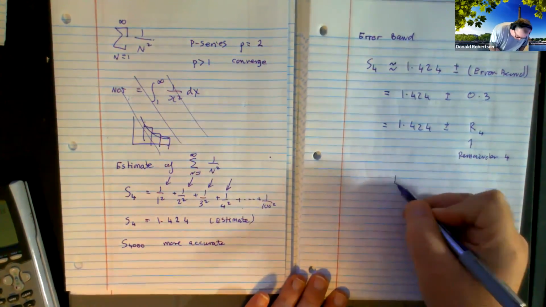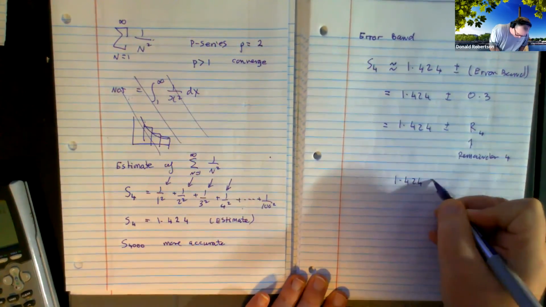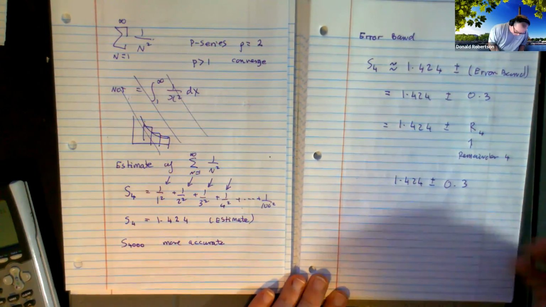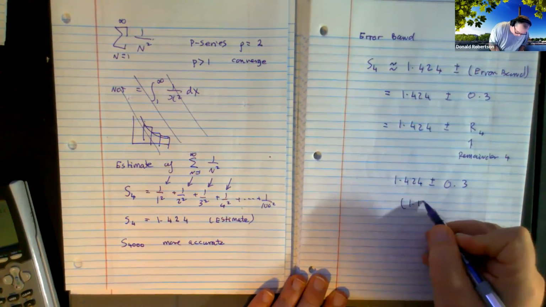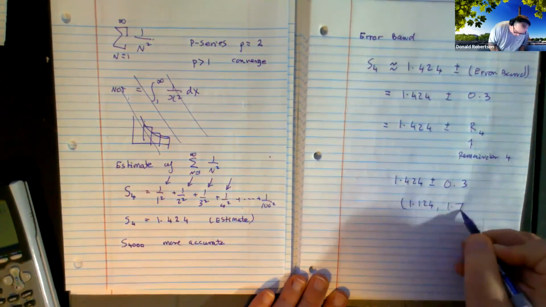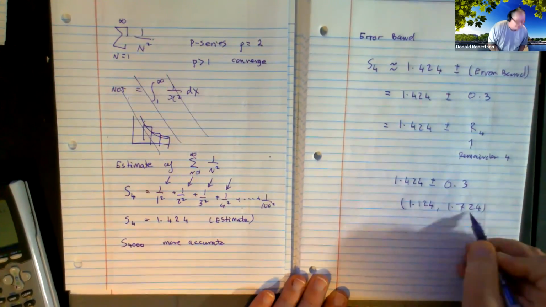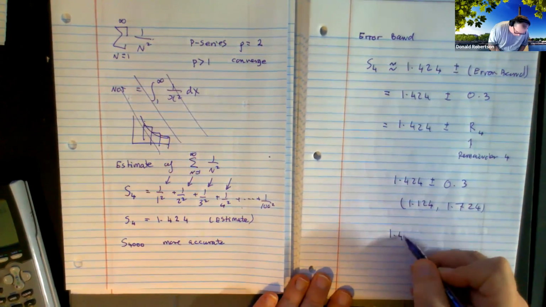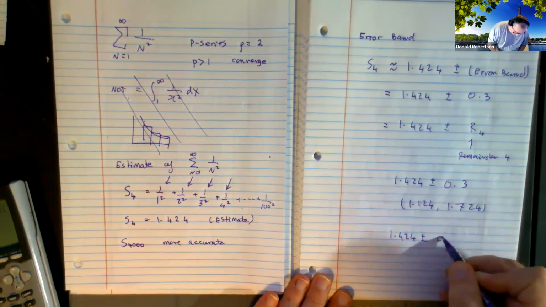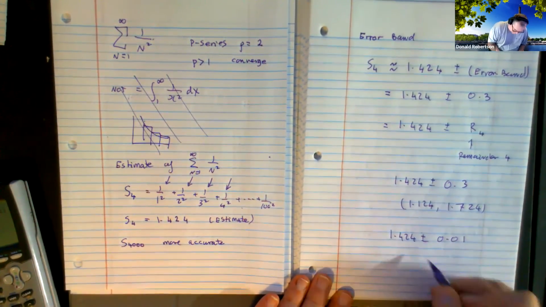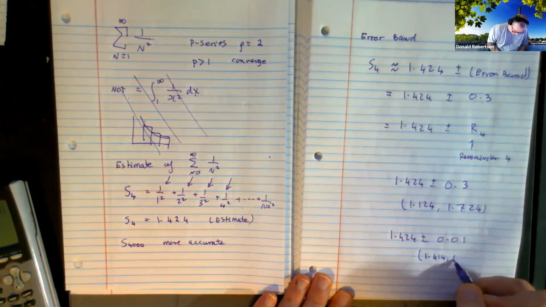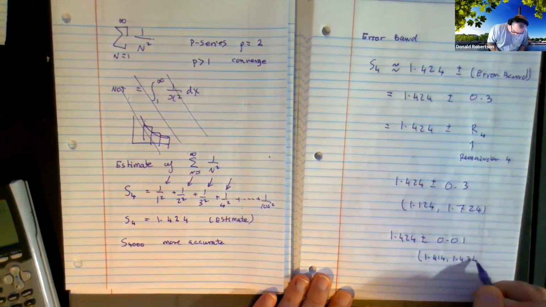Pretend that we did it. If I told you the answer was plus or minus 0.3, wouldn't you at least know that the right answer was somewhere in the region from there to there, right? If I told you that it was 1.24 plus or minus 0.01, wouldn't you know that the answer was somewhere in the region that way?